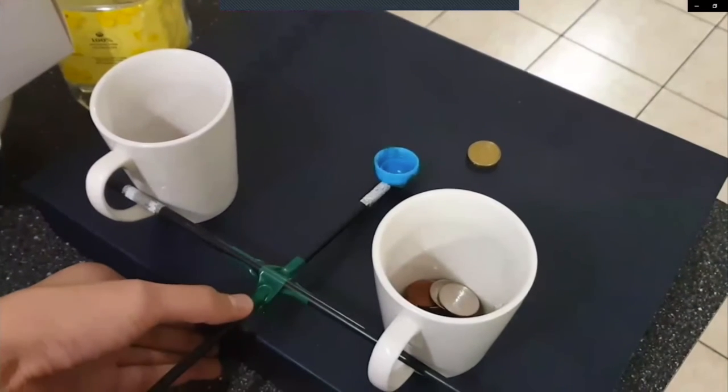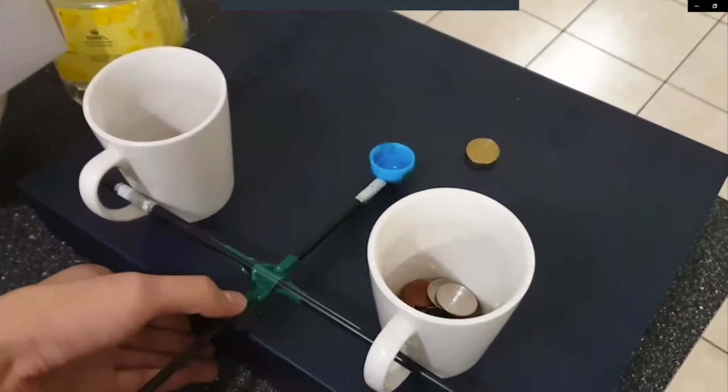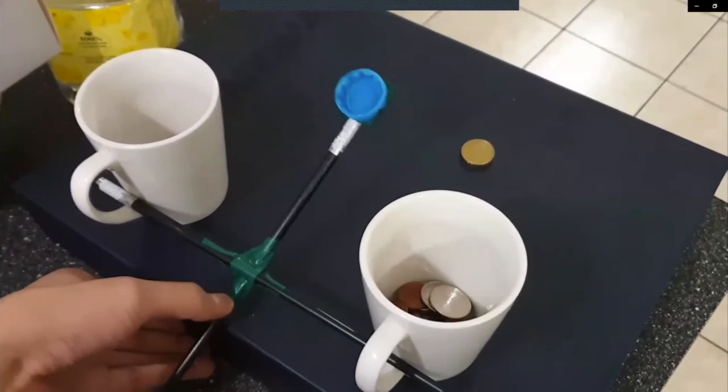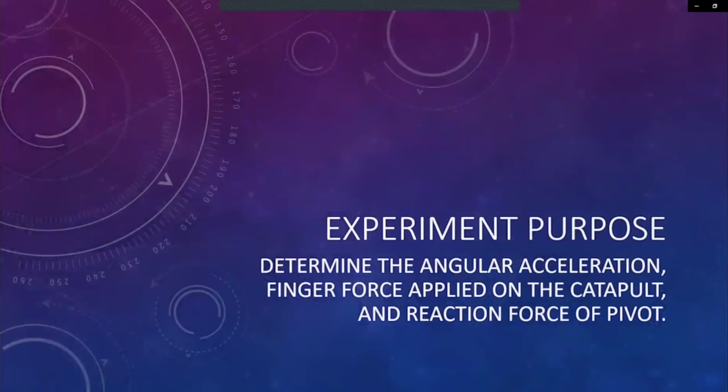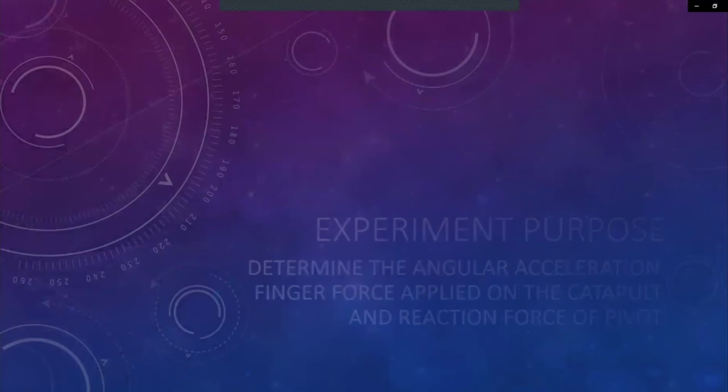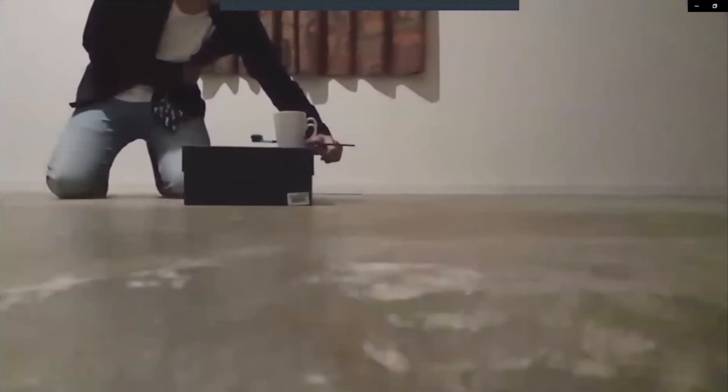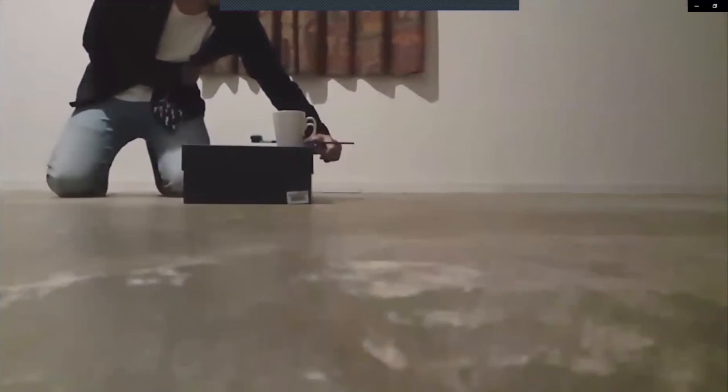Here we show the catapult in action. Now the purpose was to determine the angular acceleration and the force and the angle of the force applied to the catapult. Here we have a slow motion recording of the launch.